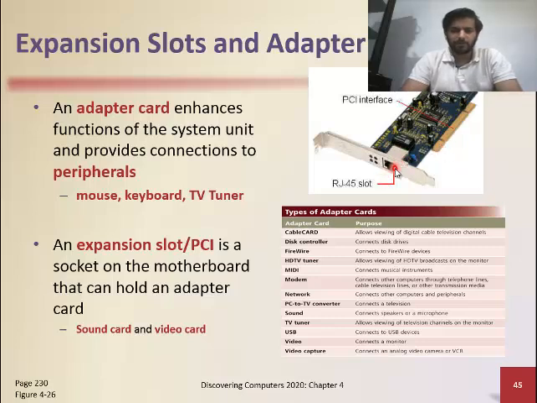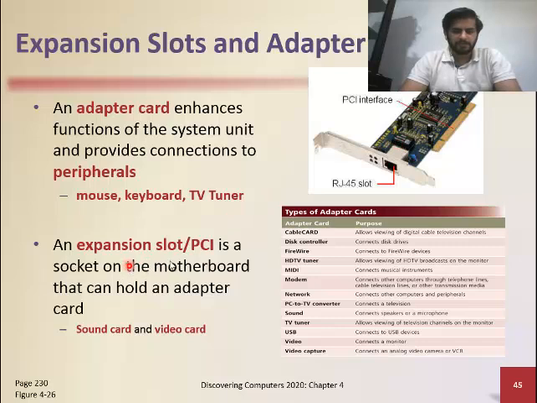For example, if you want to connect your keyboard or mouse with your motherboard, you connect your keyboard or mouse with the adapter card first, and this adapter card is inserted into your motherboard.